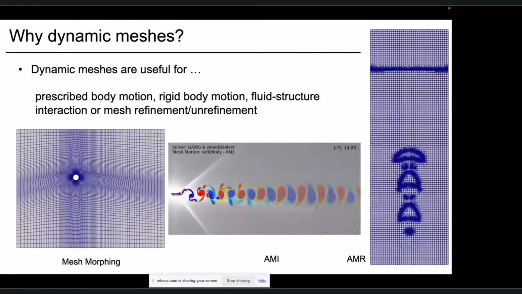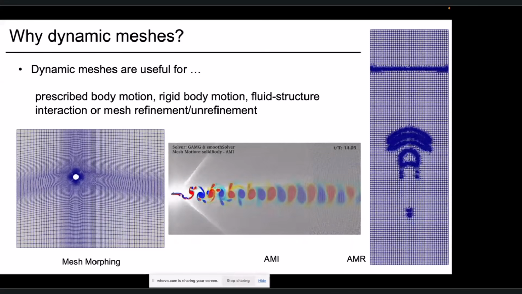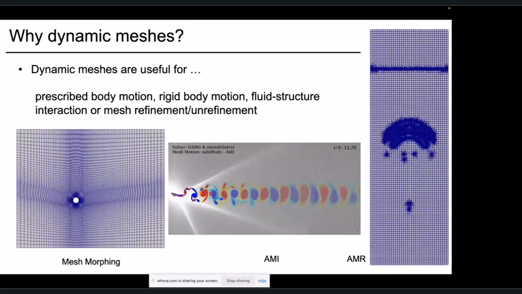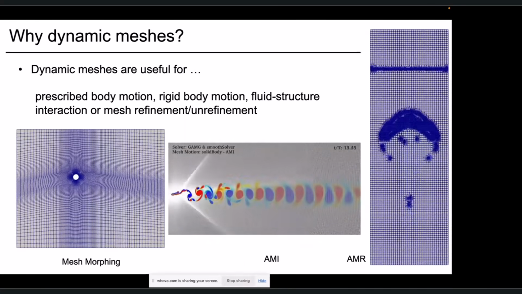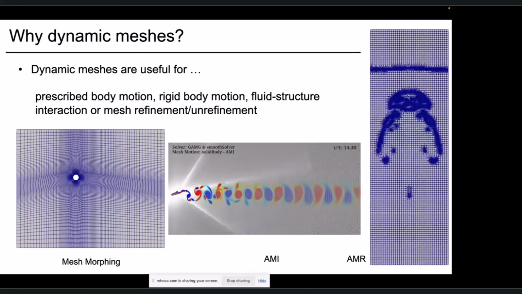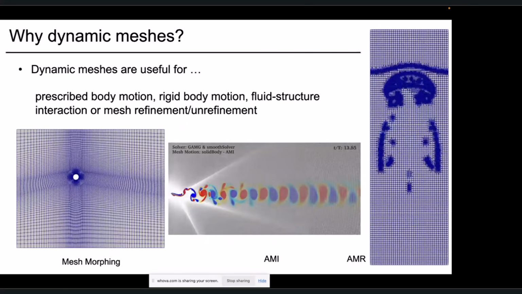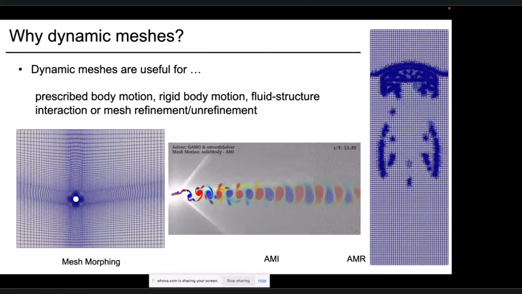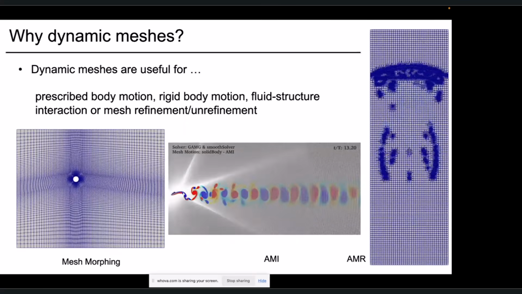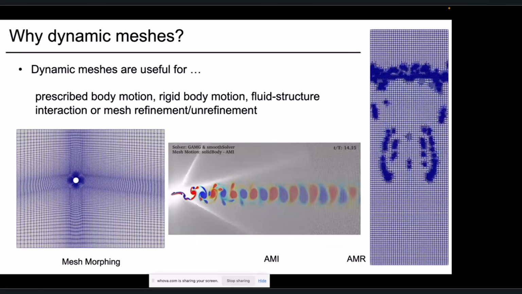As we started the discussion, what is the physics point of view? The physics that we want to capture in our simulations may require body motion that can be prescribed, or that can be due to multi-physics. For example, fluid structure interaction, where your body can move due to the effect of the flow, or it can undergo a flow-induced vibration.